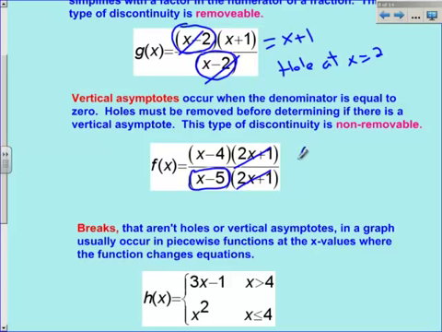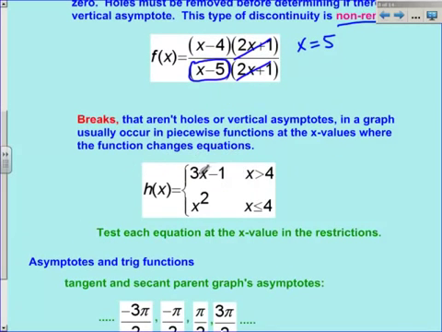However, I still have at x equals 5 a place where I can make the denominator 0, and that's called a vertical asymptote, and that is non-removable. There is nothing you can do about that. The graph is either heading straight towards positive infinity or down towards negative infinity. That is called non-removable because I didn't have a common factor in the top and bottom.